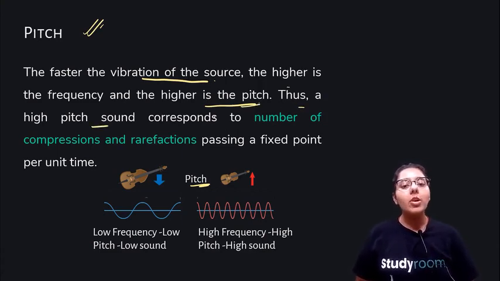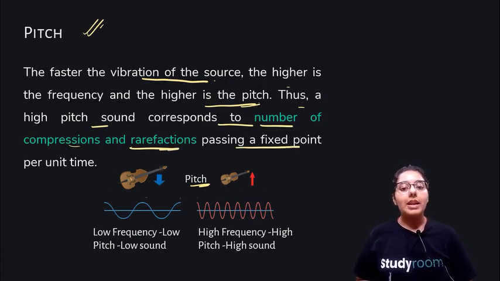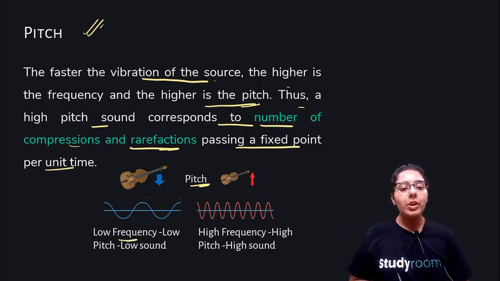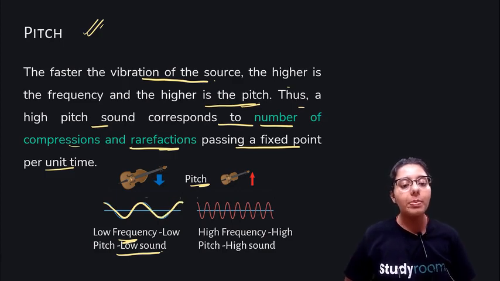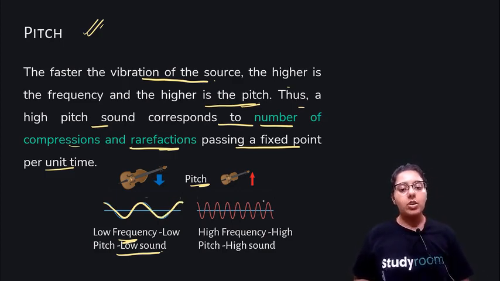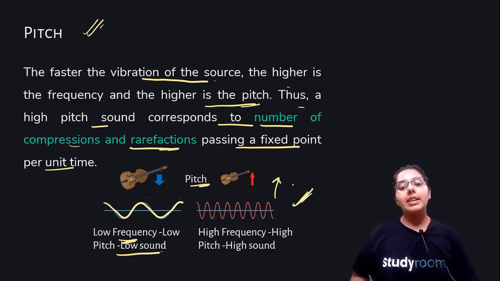Thus, a high-pitched sound corresponds to a larger number of compressions and rarefactions passing a fixed point per unit time. For example, low frequency, low pitch, slow sound. This is the graph for that. Low frequency, low pitch. High frequency, high pitch. This is this type of graph. That means more number of complete cycles took place in this case, right?